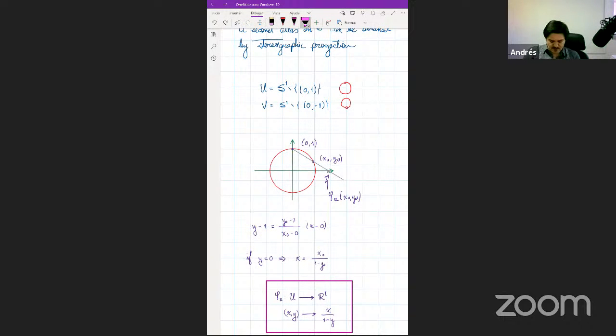Note that there's trouble when y equals 1. At that point, it doesn't belong to u because we're removing this point. So this is a nice function, a homeomorphism. We have no trouble when y equals 1.